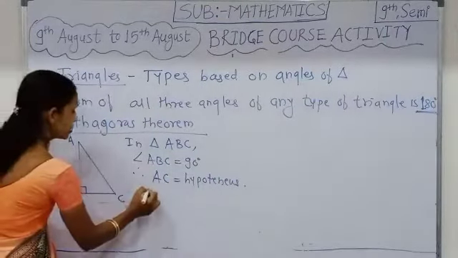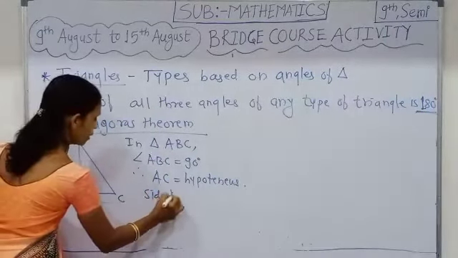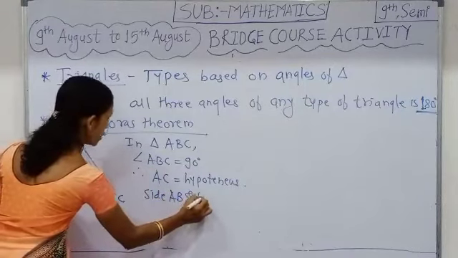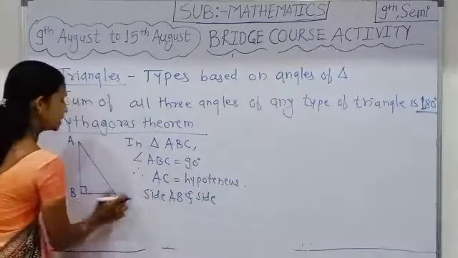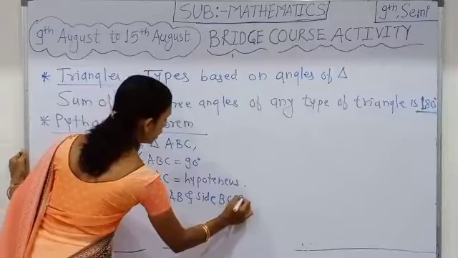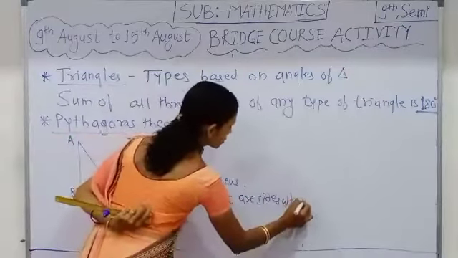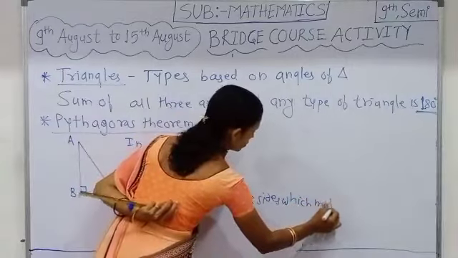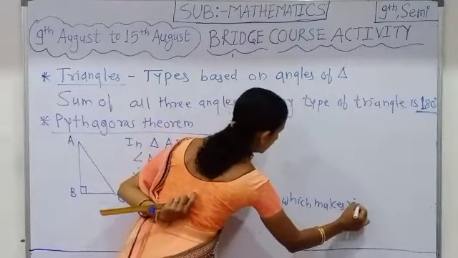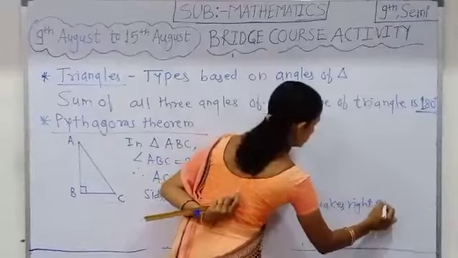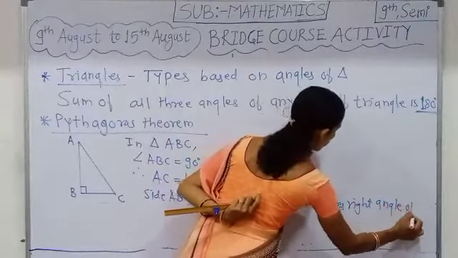And side AB and side BC are the sides which make the right angle of the triangle.